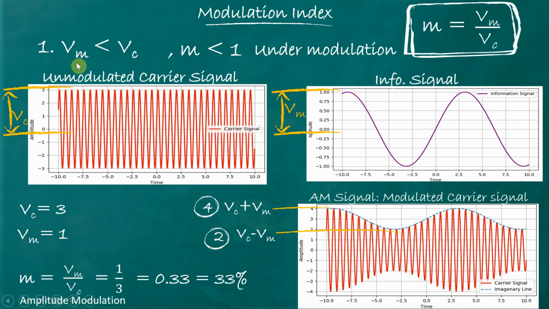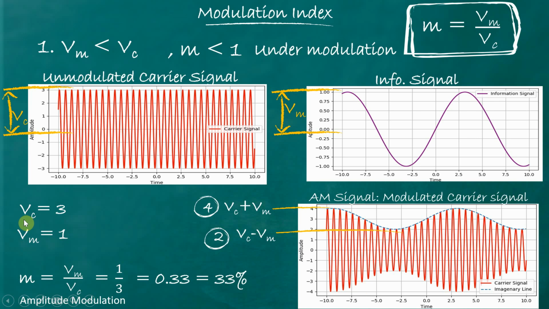For the first case, Vm less than Vc. So see here Vm is given 1 volt, Vc is given 3 volt. If you take the ratio Vm upon Vc, that will give you 0.33, which is less than 1. That means it is the under modulation case.